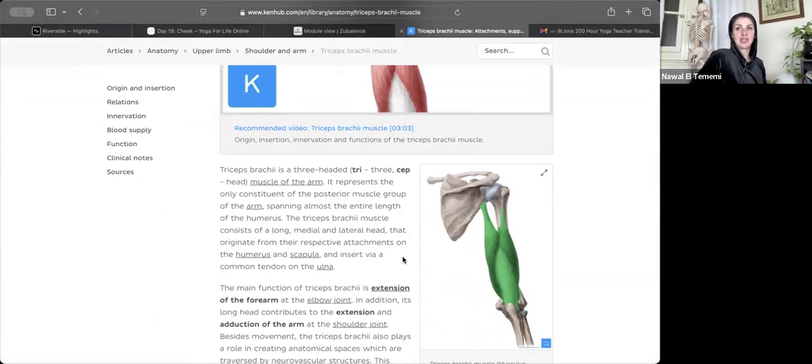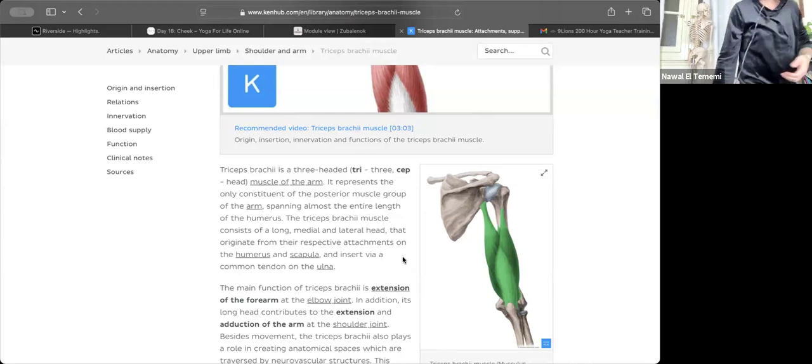So how do we activate the tricep? If my arm is next to my body and I go straight back, this part of the arm is working. I go straight back, it's tightening. So now this area is stretched, and now it's contracted.